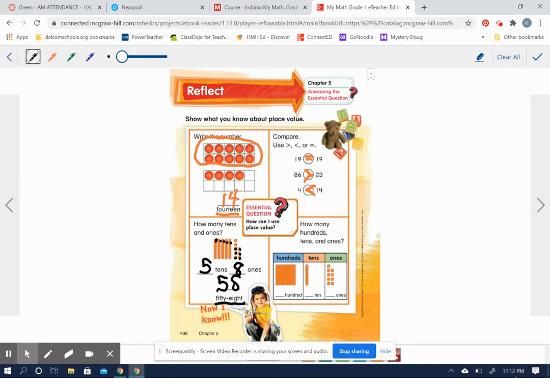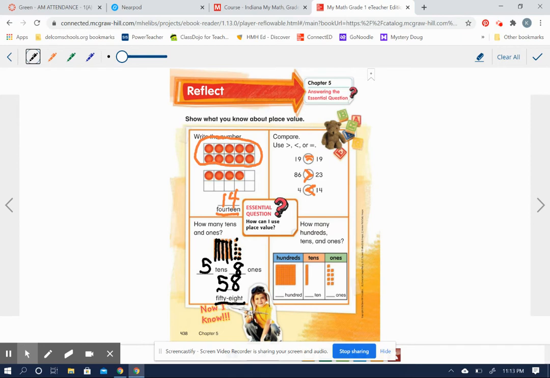And then this is the ones. Yeah, what number is that? 58. Now let's count them and see if we're correct. 10, 20, 30, 40, 50, 51, 52, 53, 54, 55, 56, 57, 58.